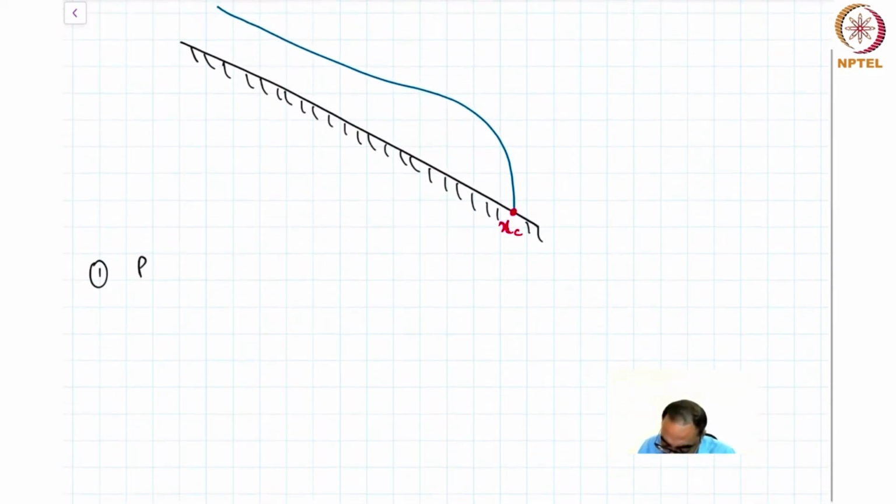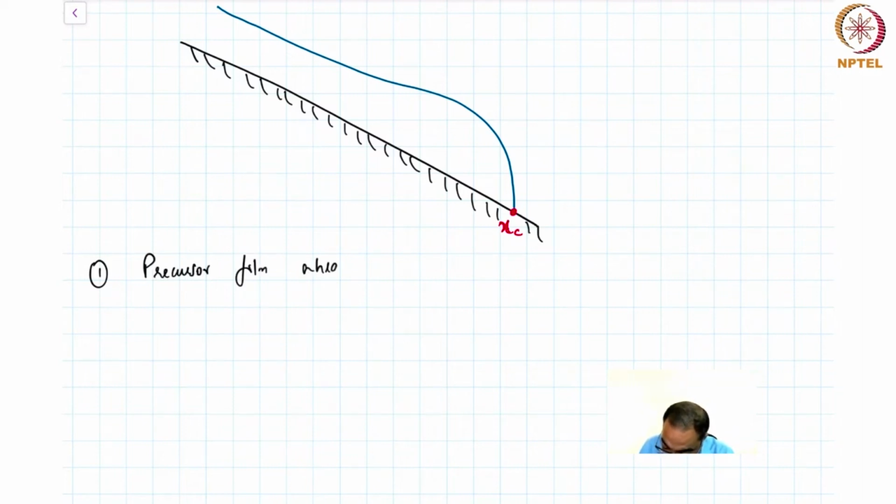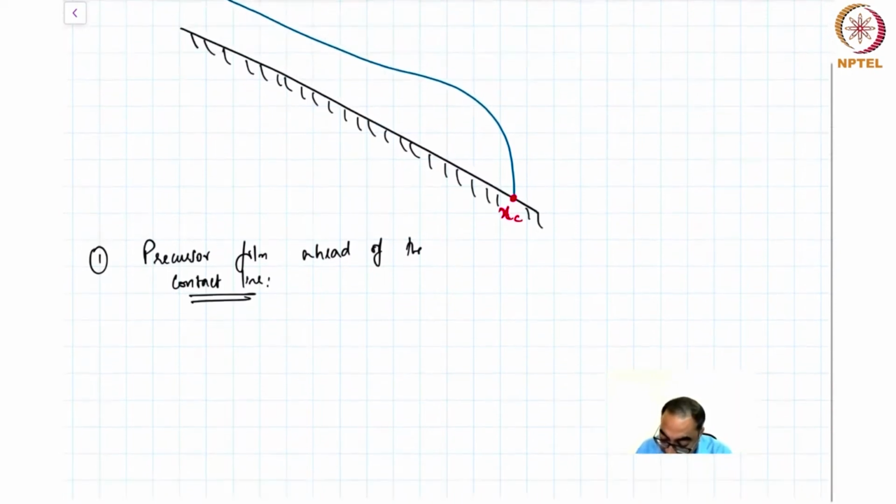You basically put a thin precursor film in front, ahead of the contact line.